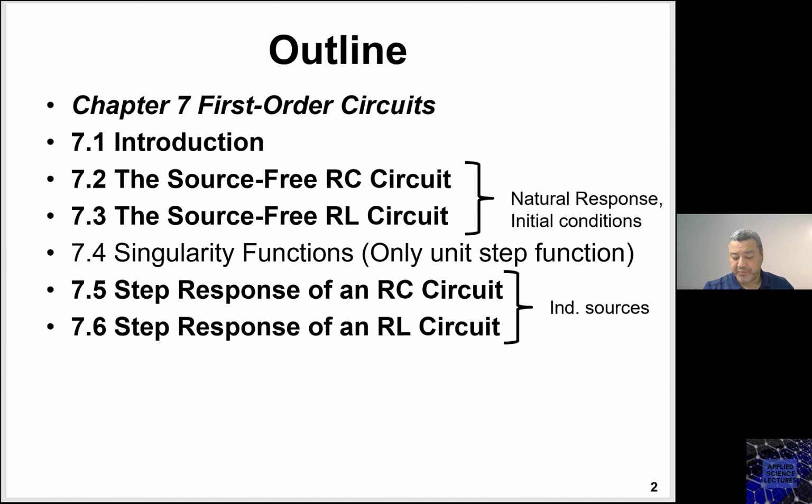And that's why we call this response the natural response, because the response is going to be based on the energy that is already stored in those two components. There are no sources of energy; they're the only source of energy, and they're going to dissipate their energy into the resistors that this capacitor or this inductor is seeing.